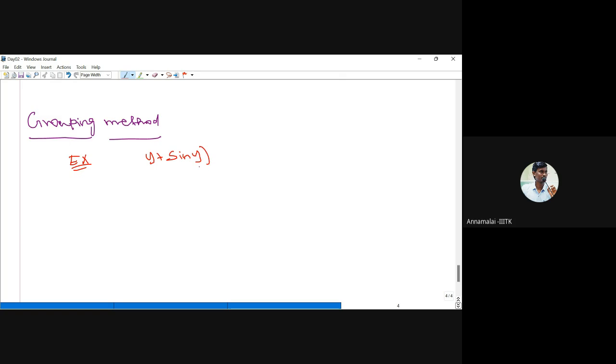into dx plus x plus x into cos y into dy equal to 0. Now we can multiply dx inside, we get y into dx, I take this term, and x into dy, another term.